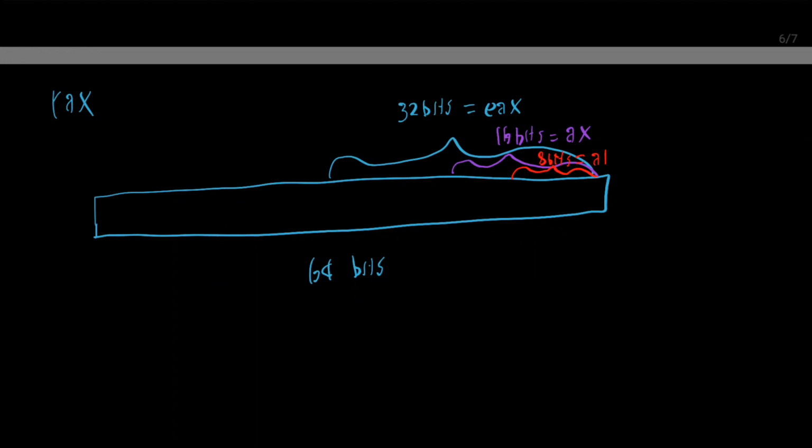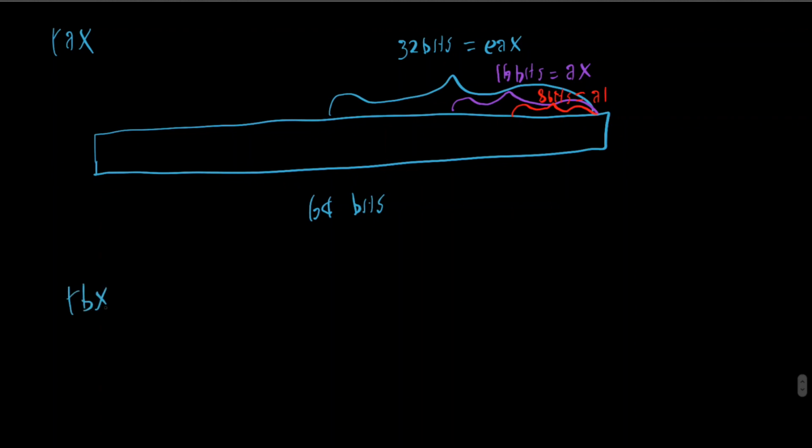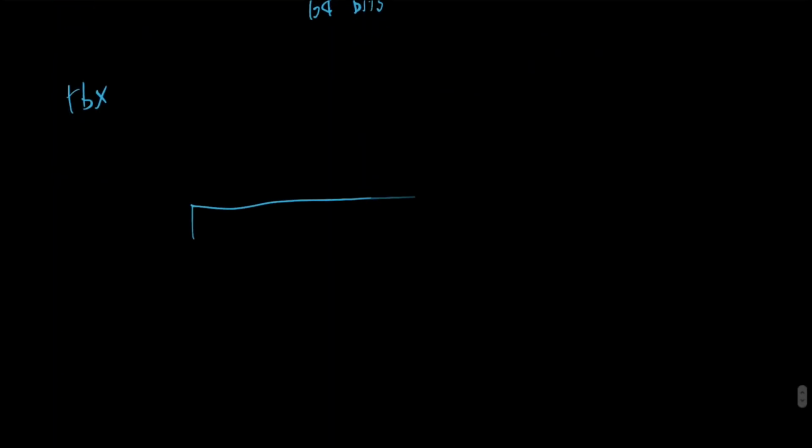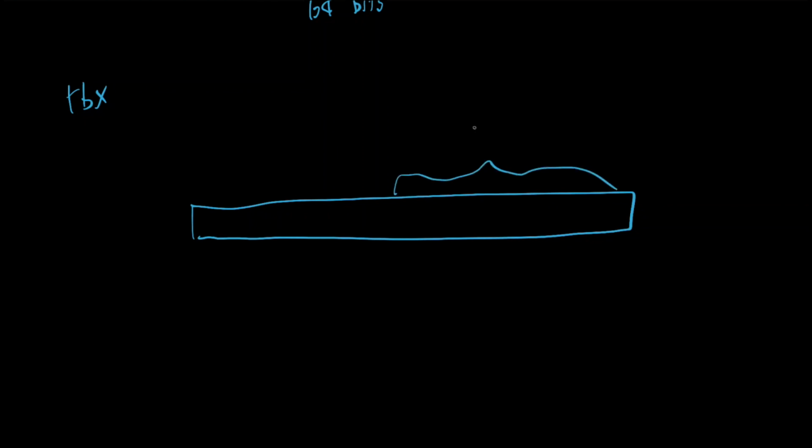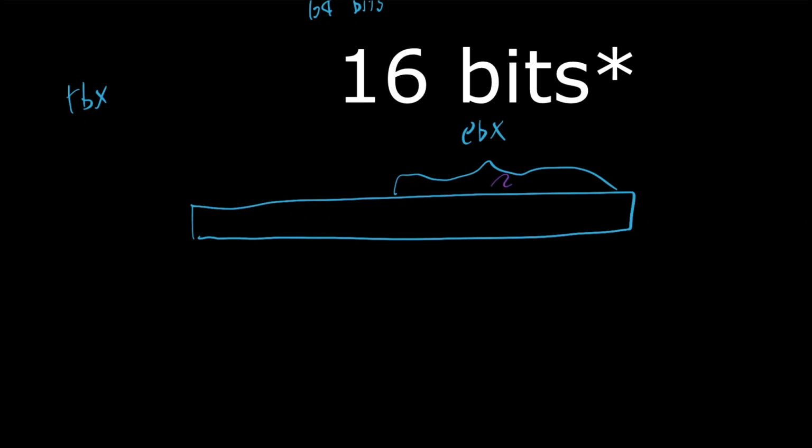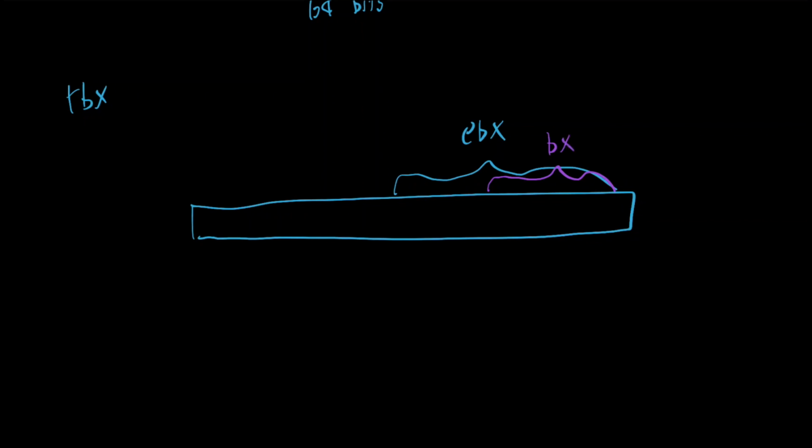This naming convention is also kept with other registers. For example, if you have RBX, that is again a 64-bit register, then the lowest 32 bits portion, you guessed it, is named EBX. The lowest 16 bits of this EBX register is BX. And if we take only the lowest 8 bits, then we just get BL.